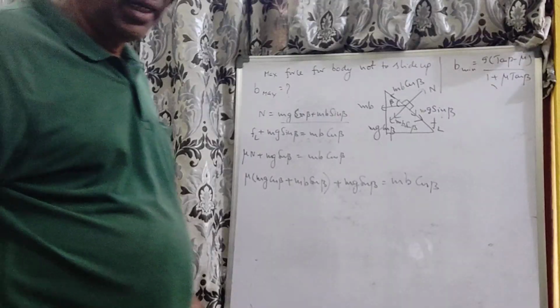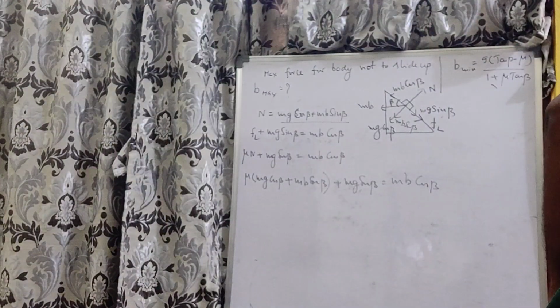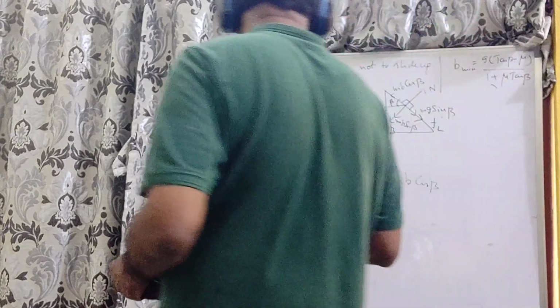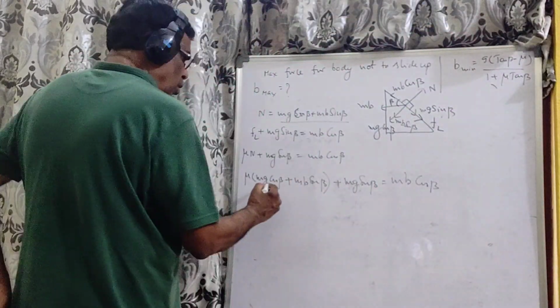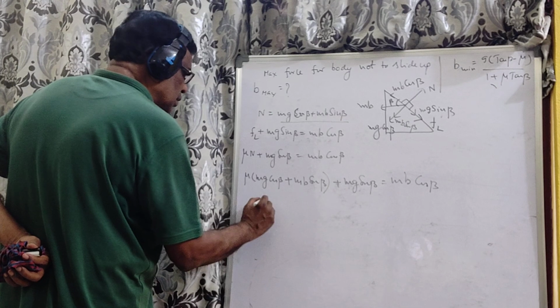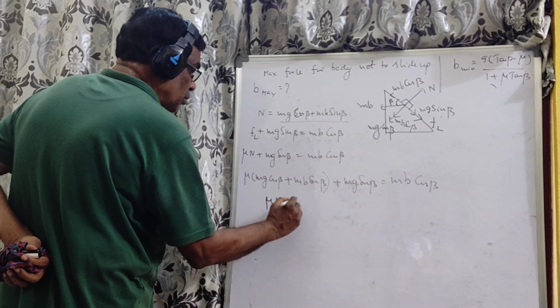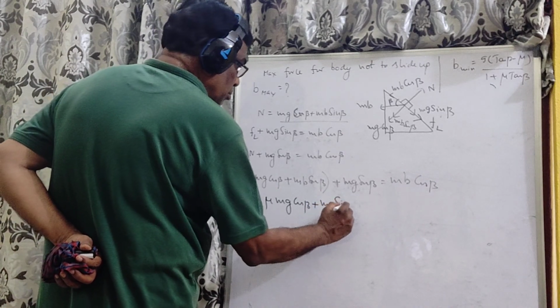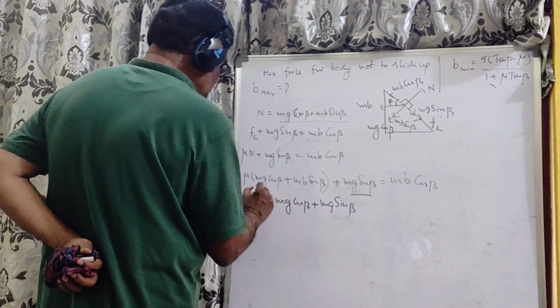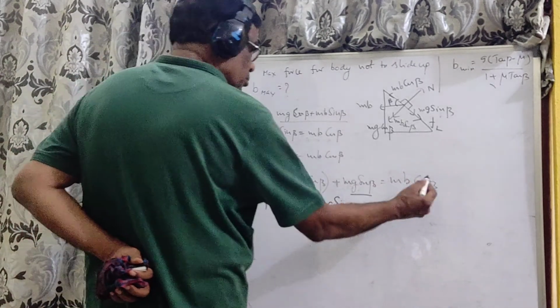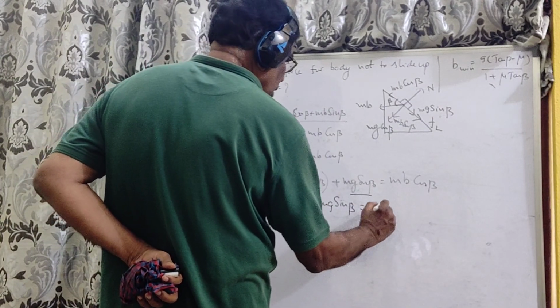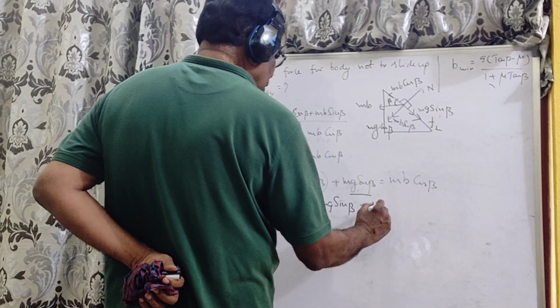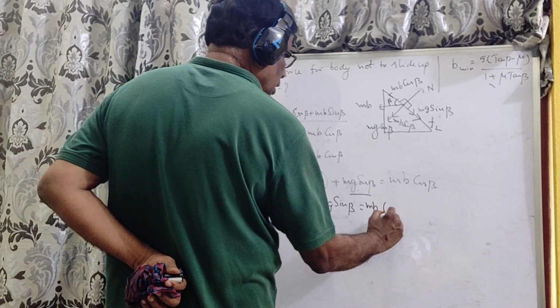Now I'm just looking at the other case. We will take all b factors onto one side. Mu mg cos beta plus mg sin beta I retain. Take everything onto the other side. I think m cancels everywhere.